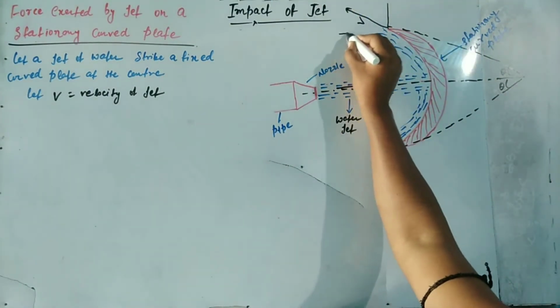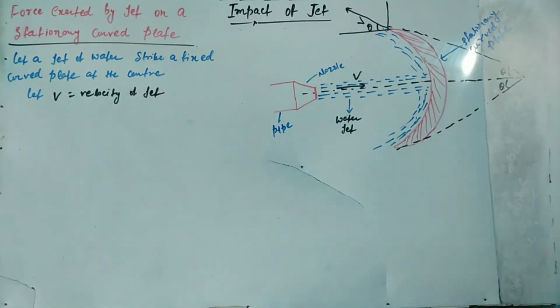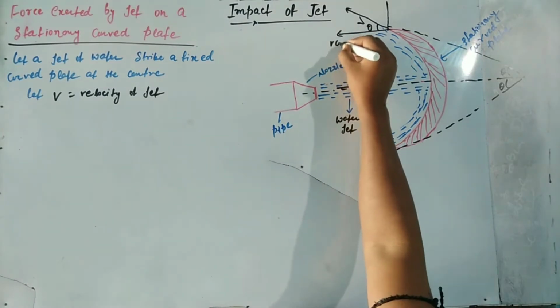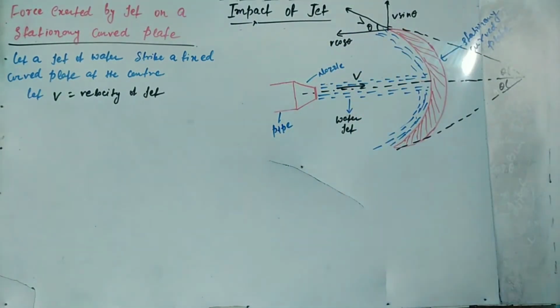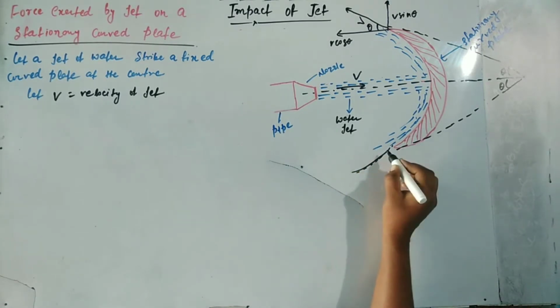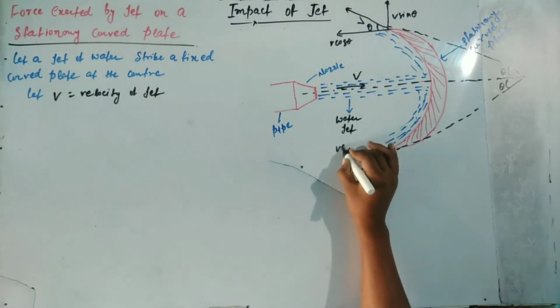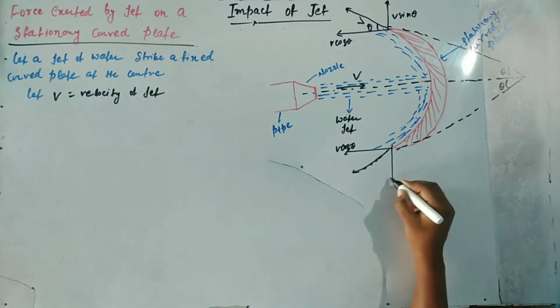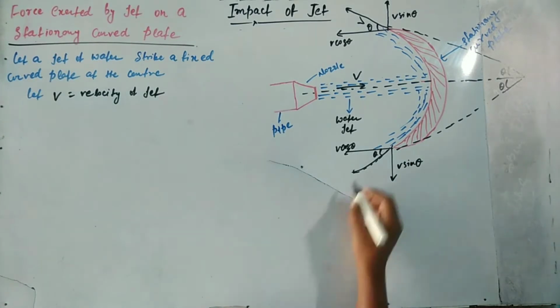So here the velocity component in the direction of the jet is equal to v cos theta, and perpendicular to the jet it is v sin theta. Now in the other direction it will be the same: in the direction opposite to the jet, v cos theta, and perpendicular to the jet, v sin theta.